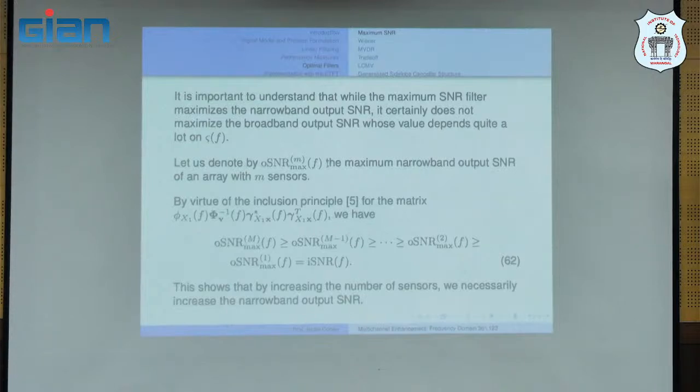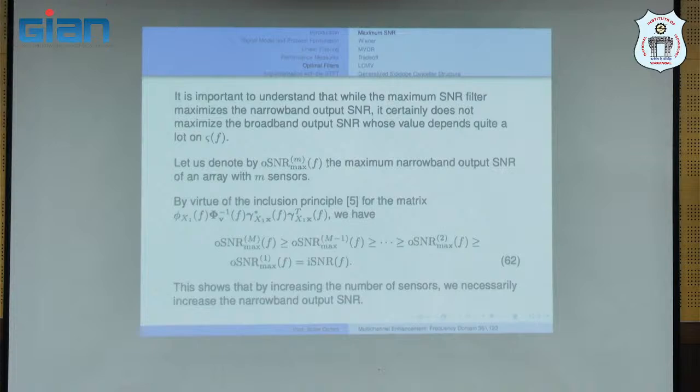So the more sensors that you use, the output SNR will increase using this derivation. It's a nice result to show mathematically. No matter which signals you choose, when you add a sensor, the output SNR will be larger than or equal to that with M-1 sensors.